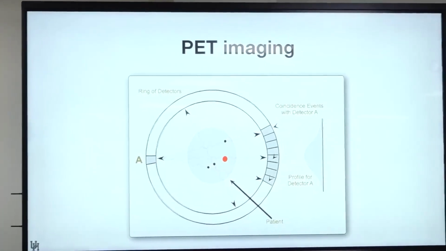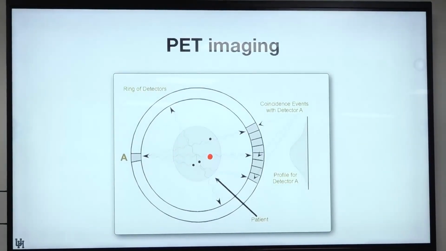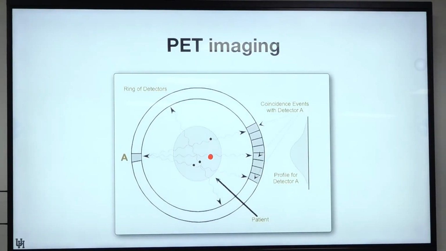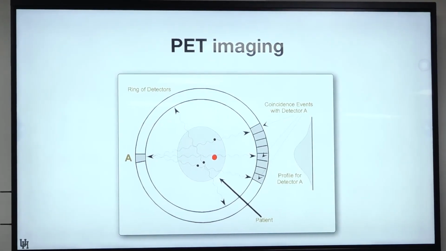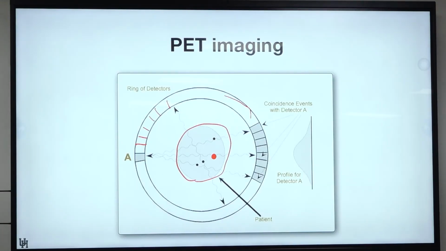What happens is that the gamma rays travel in exactly opposite directions because of conservation of momentum, 180 degrees apart, and are emitted at the exact same time. So say you have a ring of detectors, a bunch of detectors all around, and the person or the object is inside here.